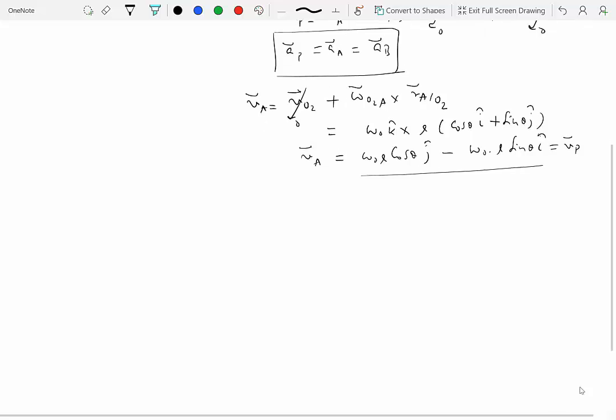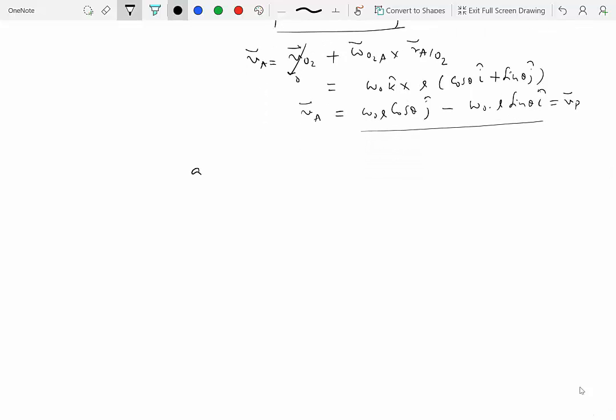What about acceleration? So let's write the acceleration equation. Acceleration of P is the same as acceleration of A, and we will again choose O2 as a reference point, which has 0 acceleration, plus omega O2A cross omega O2A cross R of A with respect to O2, plus alpha O2A cross R of A with respect to O2.